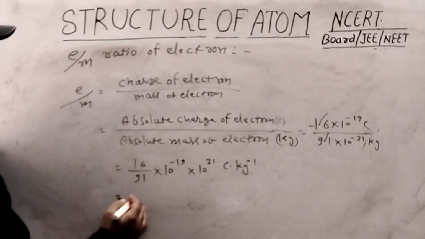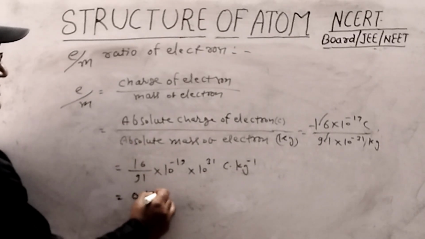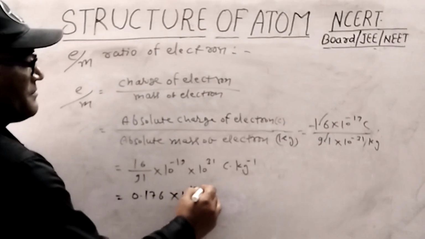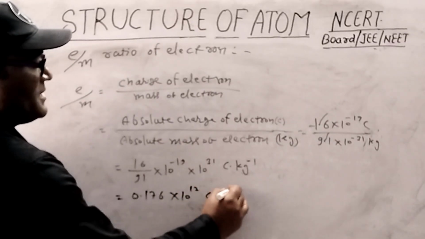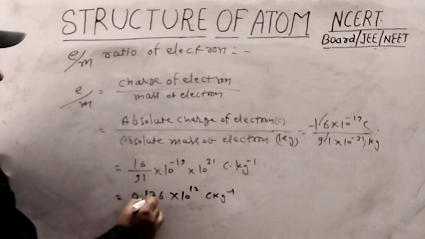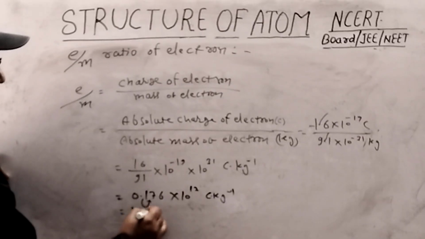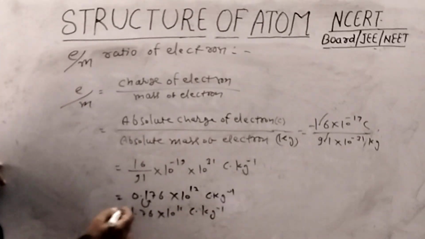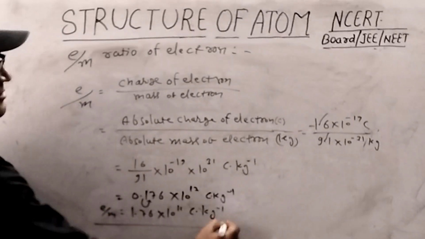Now after calculation, 0.176 into 10 to the power 12 coulomb per kg, decimal shifted from its position, then 1.76 into 10 to the power 11 coulomb per kg. This is the value of E by M ratio. You can take a screenshot.